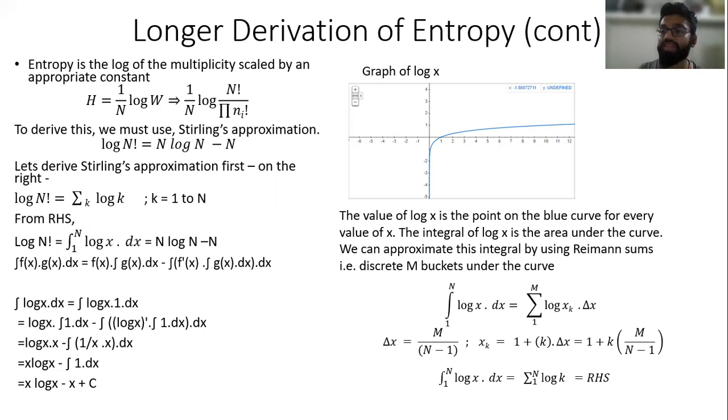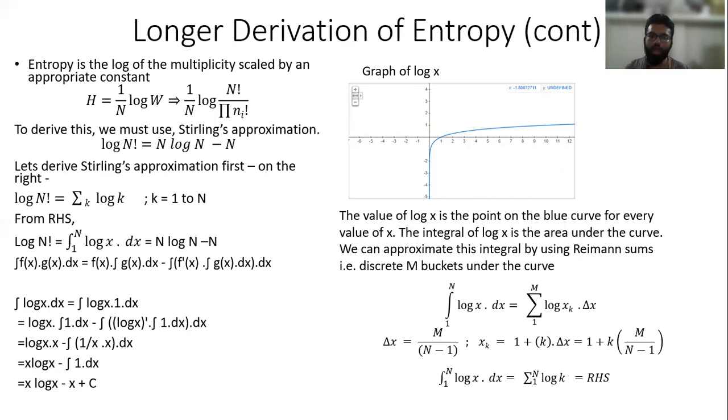We can approximate this integral by using Riemann sums. Riemann sums is just a fancy way of saying: break up the area under the curve into equally spaced rectangles, and then sum up the area of each of these rectangles, and that gives you an approximation.